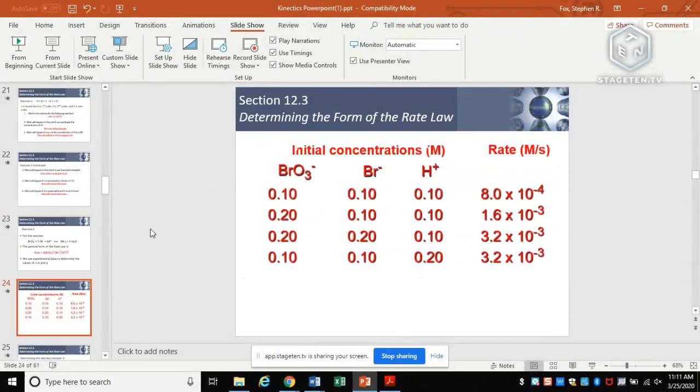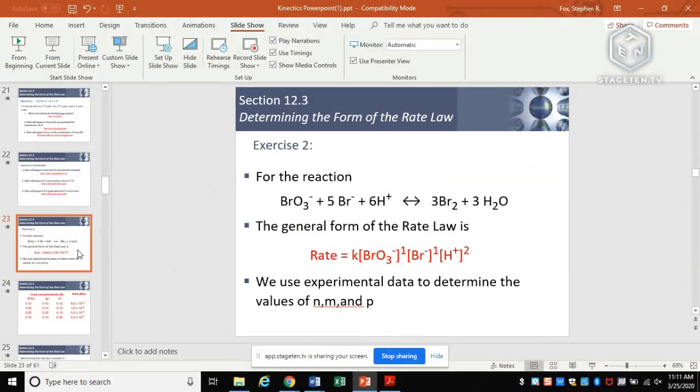Does everyone see how to take the data and get the rate law? If you can do that, that's what some of the last practice problems on the problem set that I posted are, just practice taking the data, getting the rate law, and answering questions.